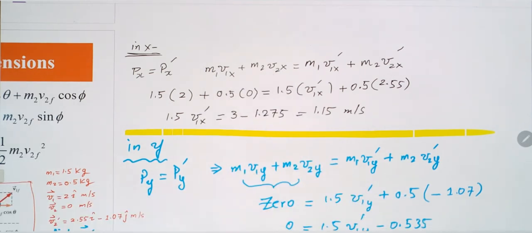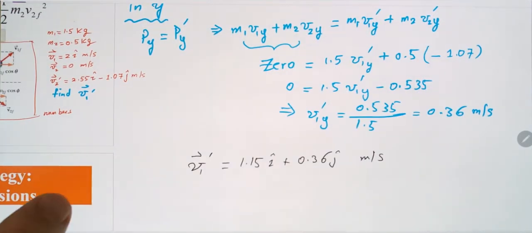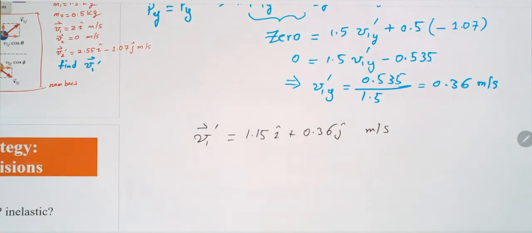Of course, now you can get theta. This is another way of asking to find the vector after the collision, V1 after the collision, because from the y component and x component, of course, I can get theta.